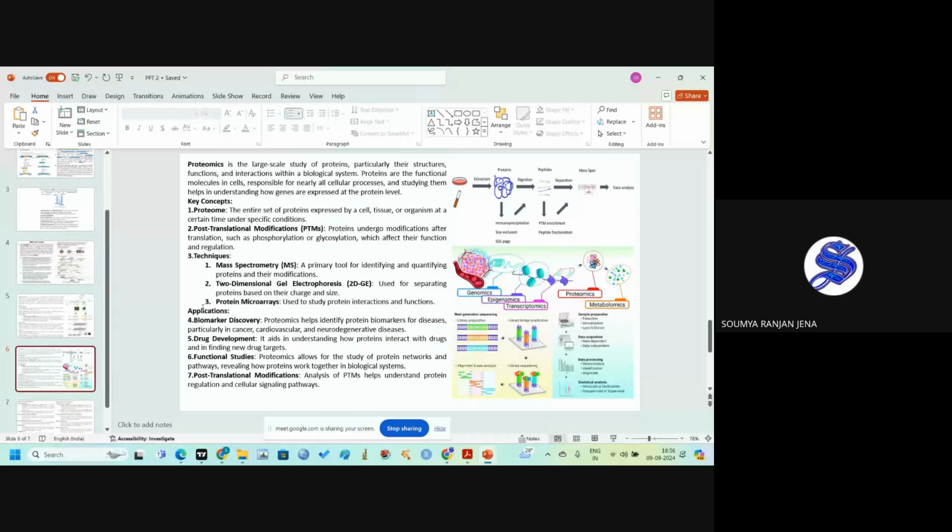And the applications of these proteomics techniques: first one is biomarker discovery. If you know which particular protein is causing cancer, then we can do biomarker discovery by proteomics. This technique helps to identify protein biomarkers for diseases, particularly cancer, different types of cardiovascular disease, and neurodegenerative disease.